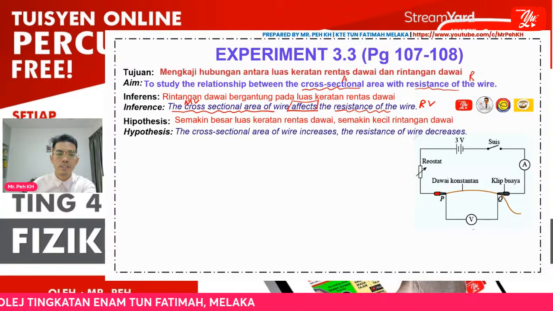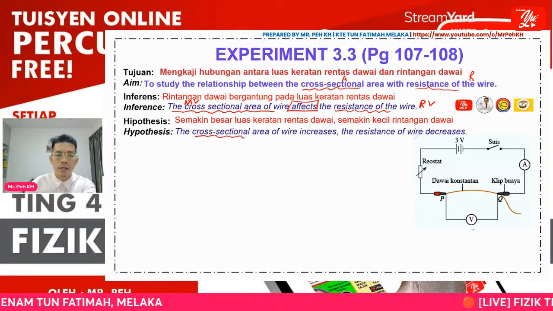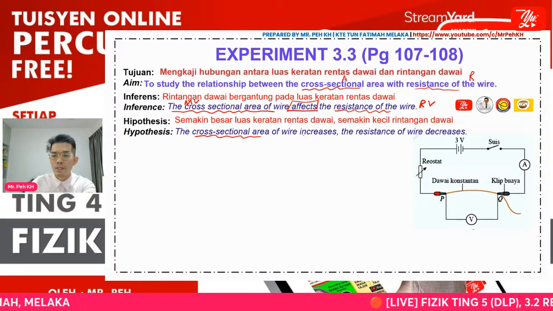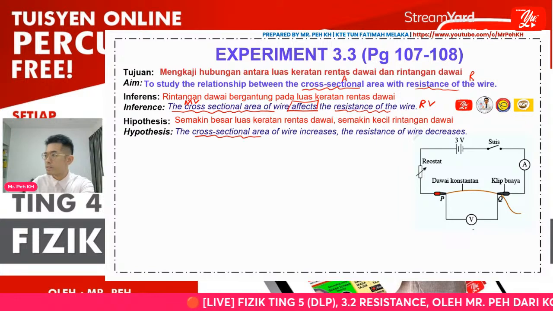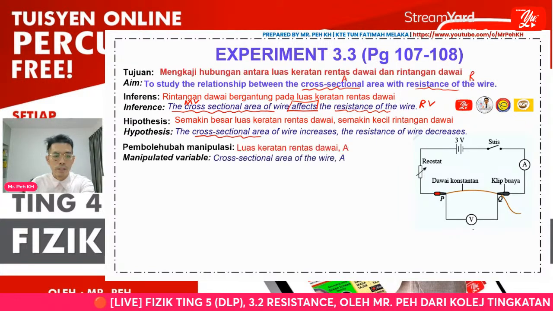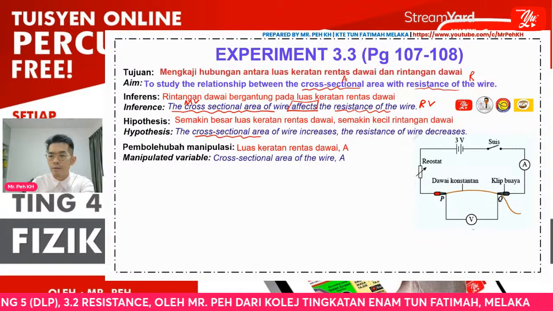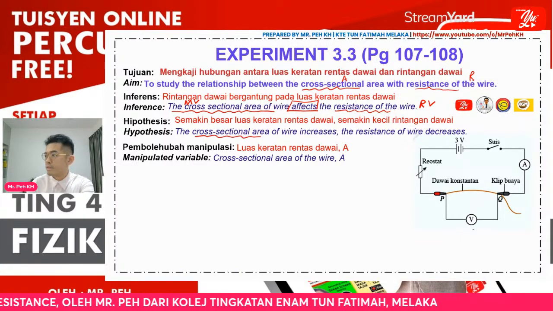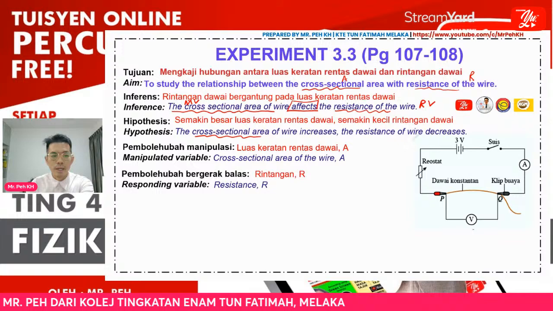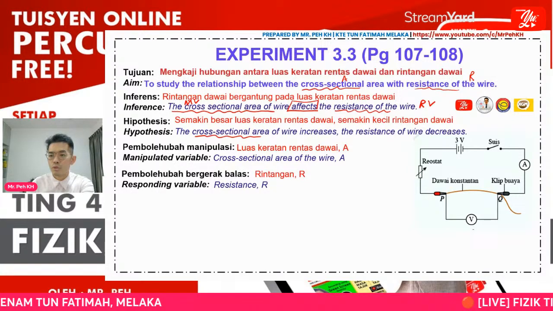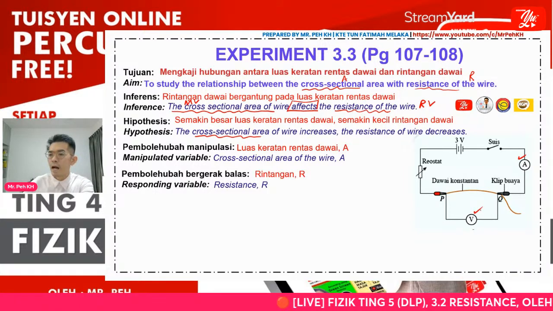Okay, so the hypothesis: as the cross-sectional area of wire increases, the resistance of wire decreases. The manipulated variable is the cross-sectional area, where the SWG of the wire is different. The responding variable will be R, obtained from the V and I readings we get.